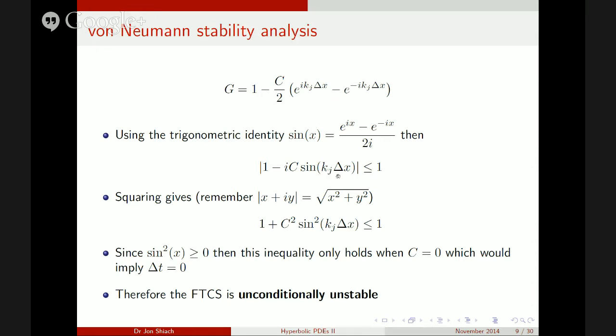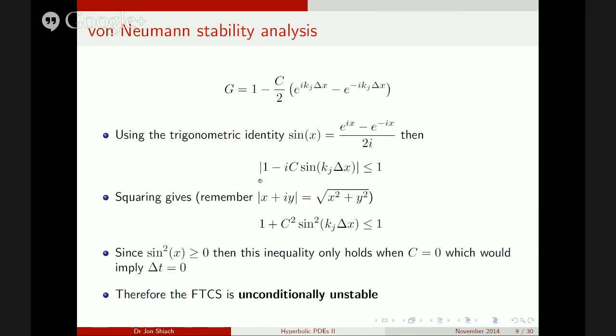By the way, that kj delta x in the bracket doesn't mean anything. In a minute, we just want to know how this sine function is going to behave. And remember, sine is a value between +1 and -1. So we need to know the limits of that sine value. Is that okay from that step to that step there? All I've done is replaced these exponents with this sine function, and I had to multiply top and bottom by i to get that 2i there.